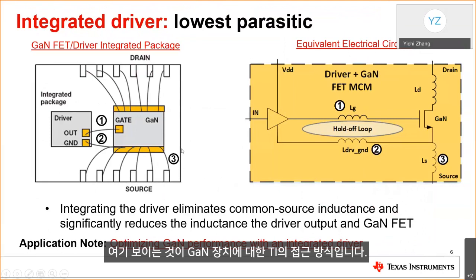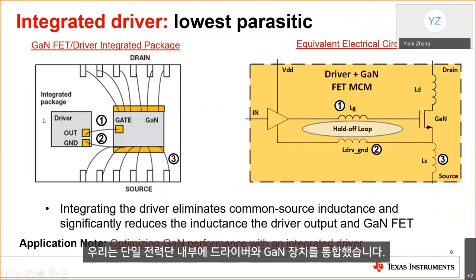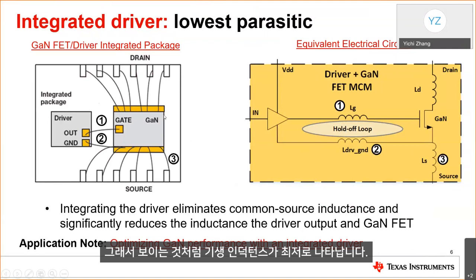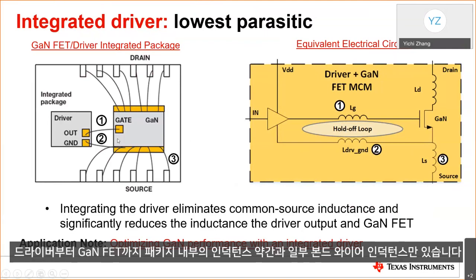Looking here is TI's approach to the GaN device, in which we integrated a driver with our GaN device inside a single power stage. So here, you have the lowest parasitic inductance. You only have a little inductance inside the package from driver to the GaN FETs and some bond wire inductance.